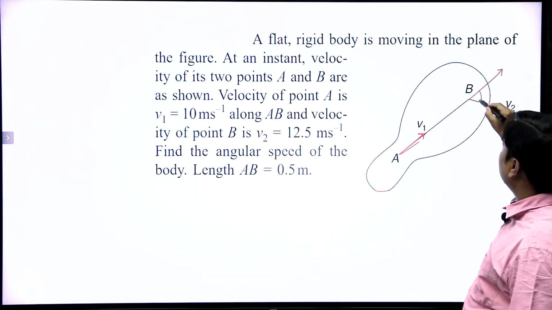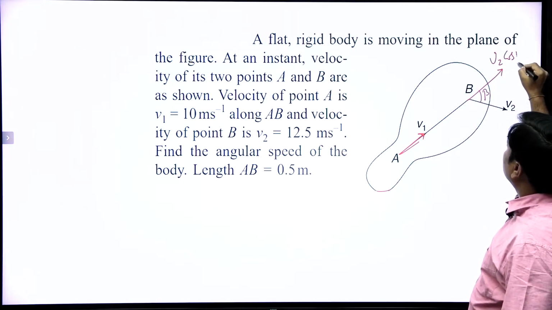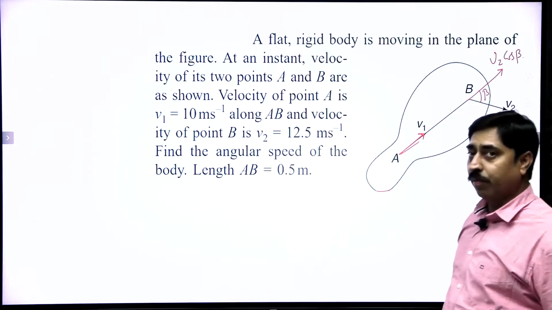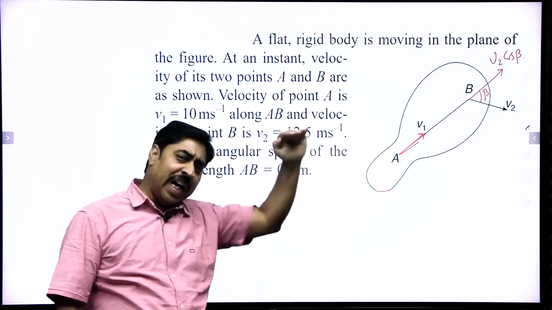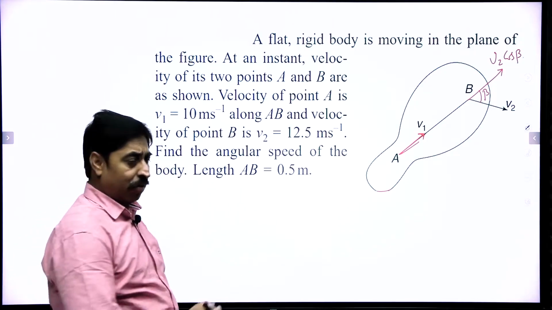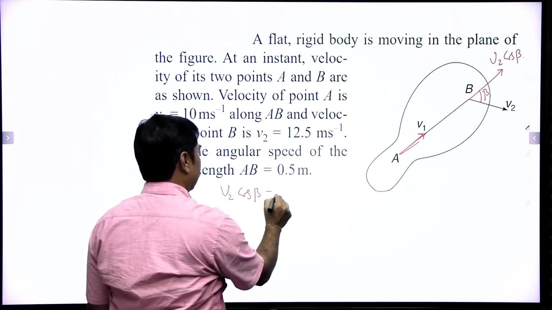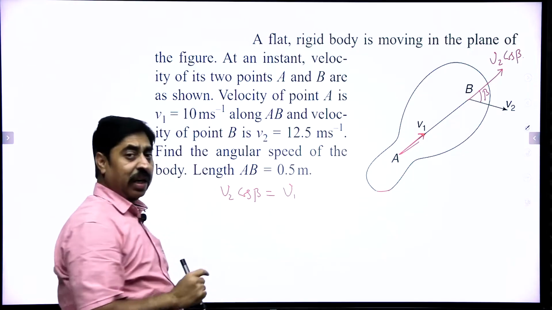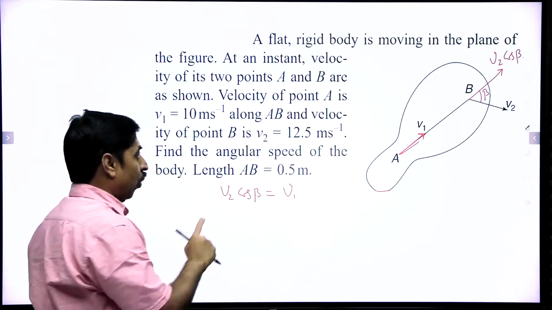So, if I call this angle beta, then V2 cos beta must be equal to V1. I need not resolve V1 because the velocity of point A is entirely in the direction of line AB. It is along the line AB. So, when I write V2 cos beta is equal to V1, this is a necessary condition for this body to be called a rigid body.